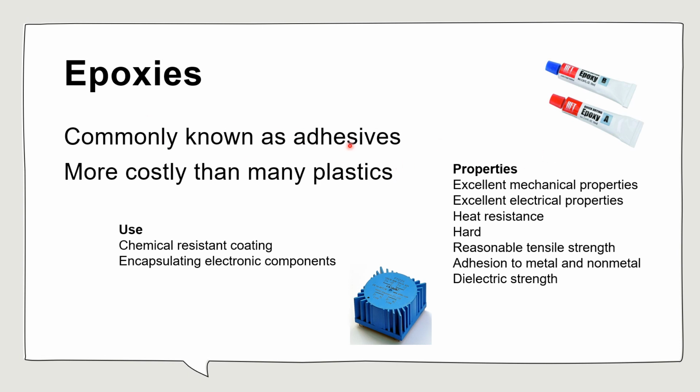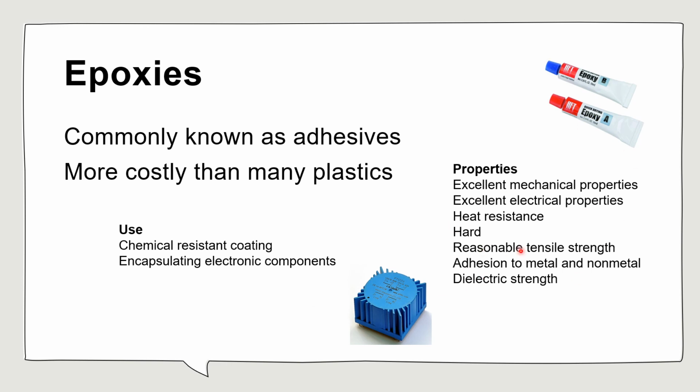Epoxies. If you think about epoxy, always remember your auto epoxies, for metal, when you want to glue them. They're commonly known as adhesives, but they're a little more costly than the other plastics.